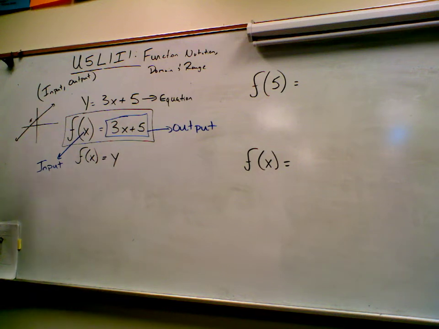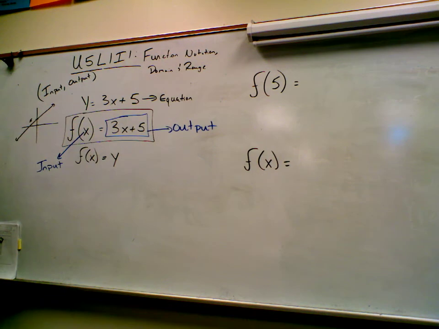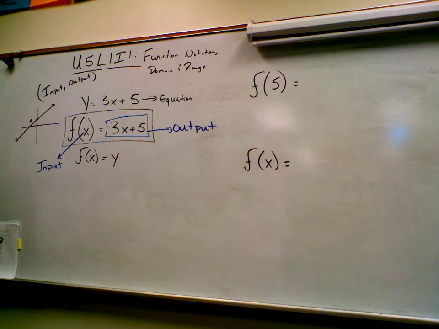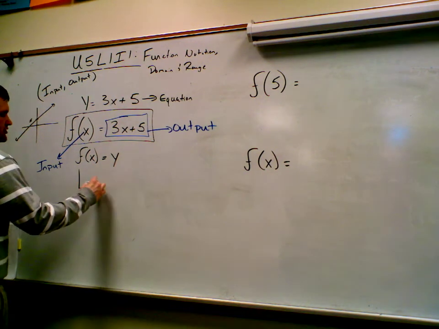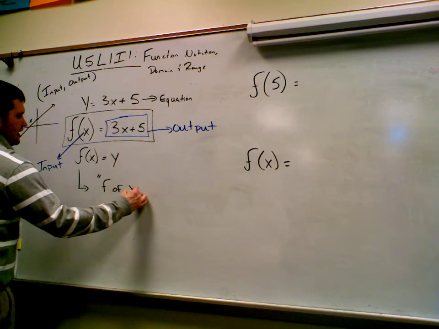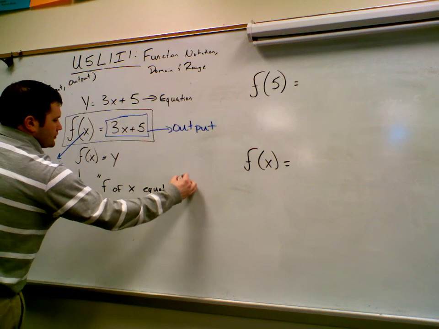Hello. So this right here, guys, this is function notation. Okay? So what does this f of x equals y mean? Well, there's a couple ways we can pronounce this. In quotations, this is how I pronounce it. This is saying f of x equals y.